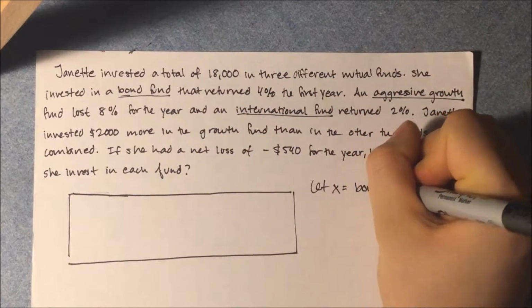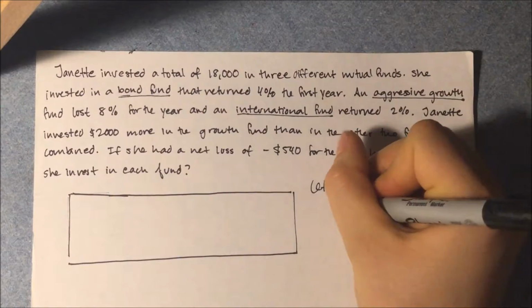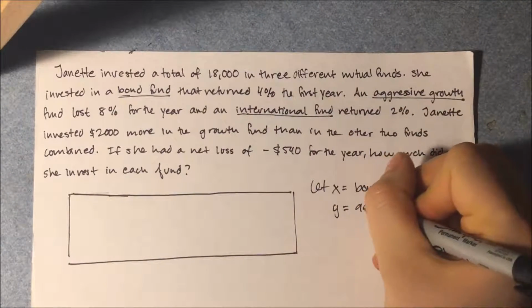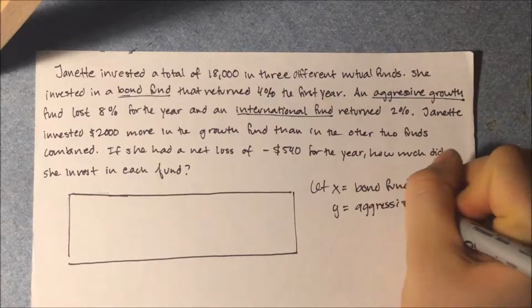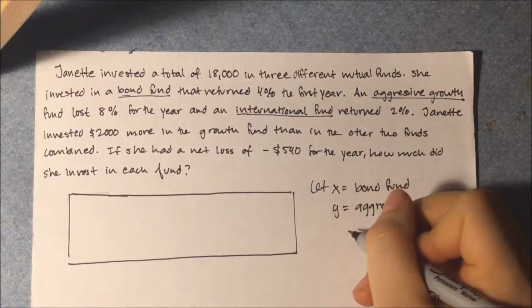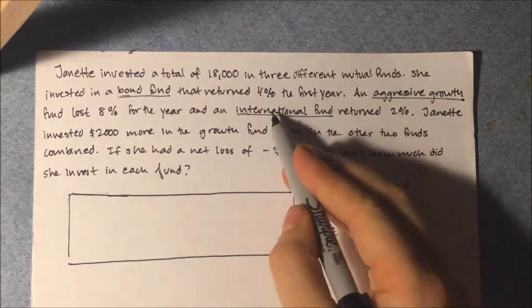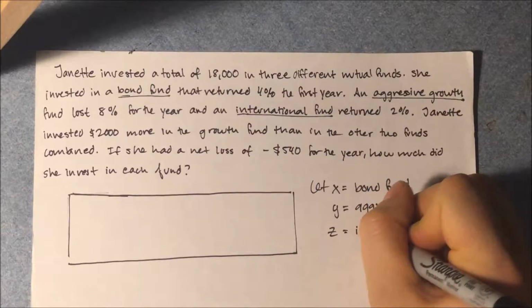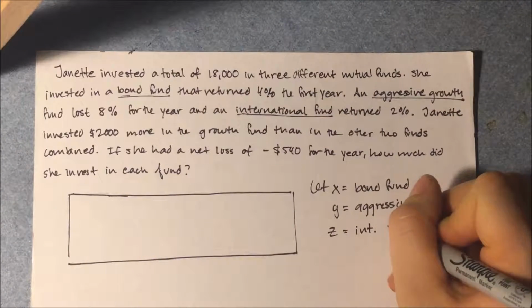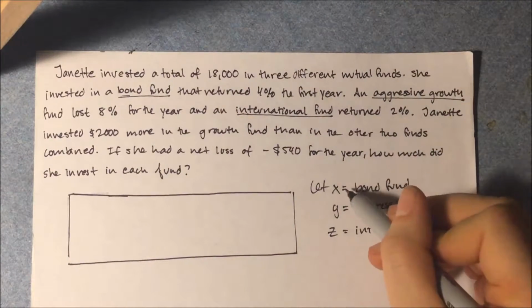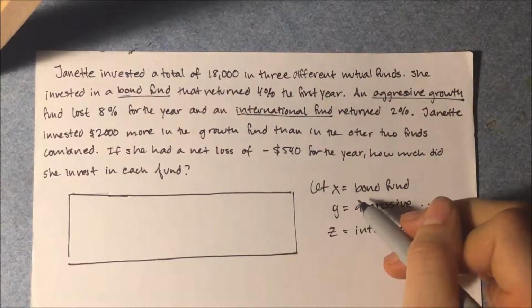Let Y equal the aggressive growth fund. So X, Y, and we need Z. So Z can equal the international fund. I'm going to shorten that to fund. Okay, so now I have my 3 variables all labeled up nicely.